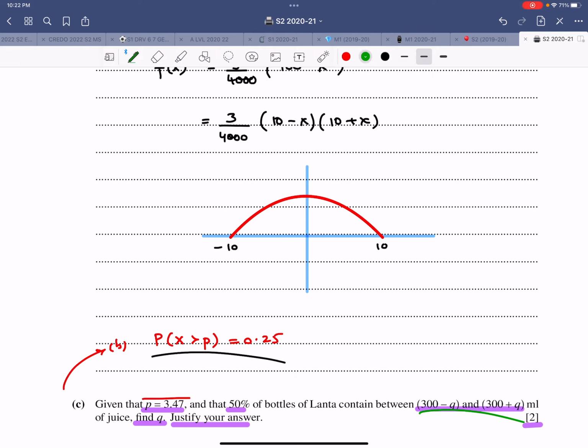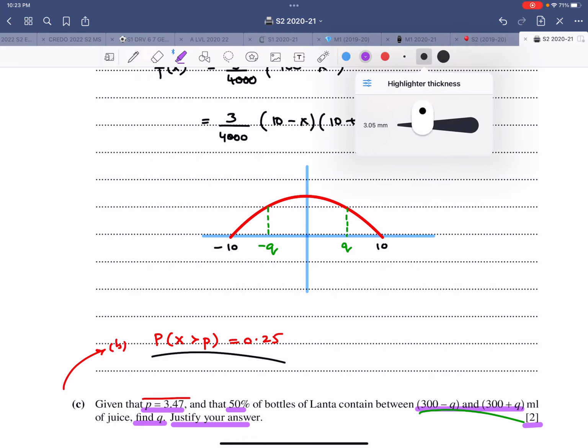The same concept is applicable, and somewhere here is your value, that is q, and this thing is, my bad, this is q, and this thing is negative q, and in between the two is how much of the distribution. So in between the two is 50% of the distribution.